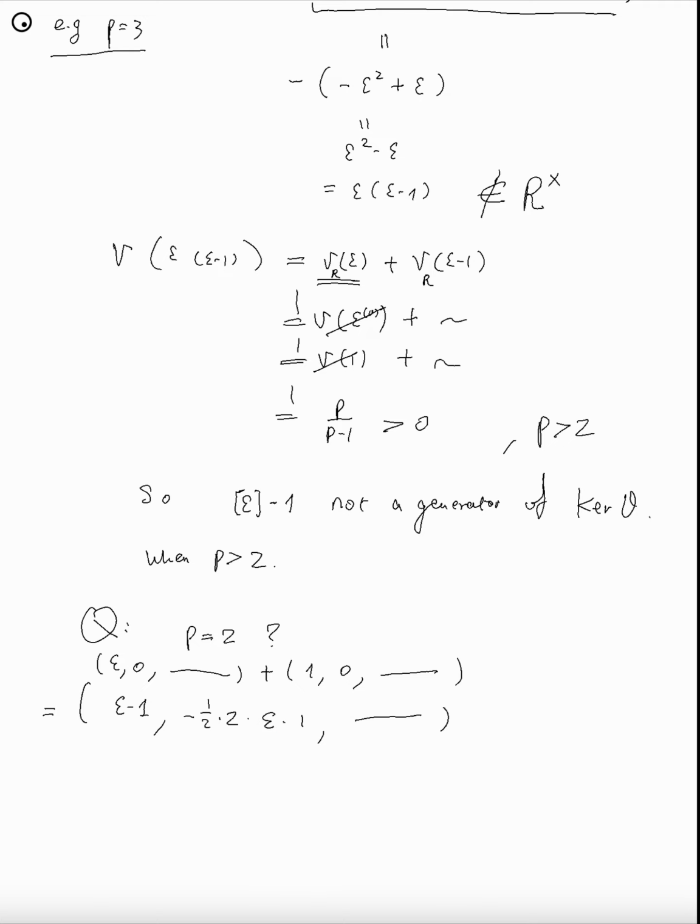Yeah, so the whole formula changes. And here this is just minus epsilon or epsilon, and we know that this is 0. So when p equals 2, this is indeed a unit, and so is a generator of the kernel of theta.